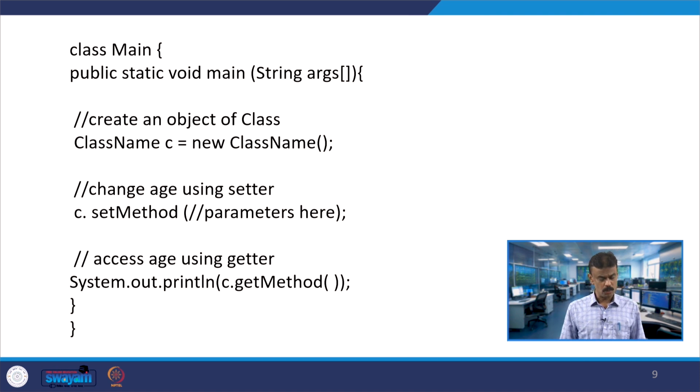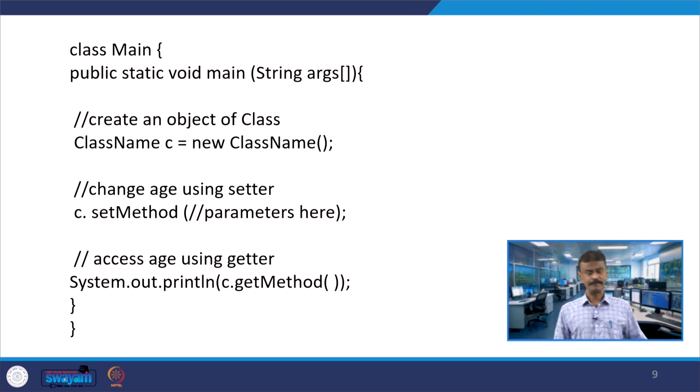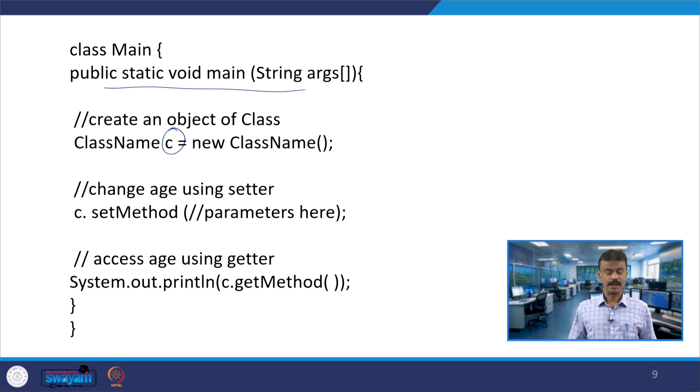I am continuing the previous syntax. Here you go, in the main program. This is your main in Java, and I am creating an object C under the class name, where the name of the class is class name. It dynamically allocates memory, and the constructor is class name.